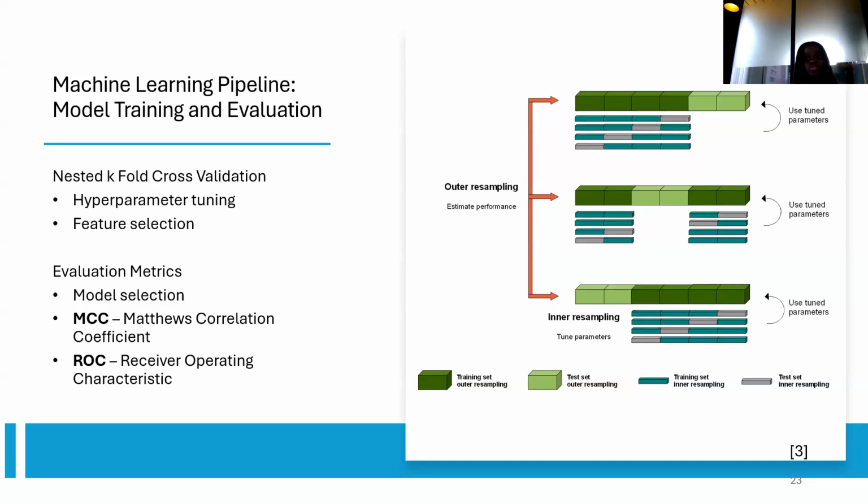So we want to make sure it trains different times on all the particular data within all the folds. And while it's going through those different iterations, it will pick different hyperparameters and different features that it believes are important in each one of those folds.